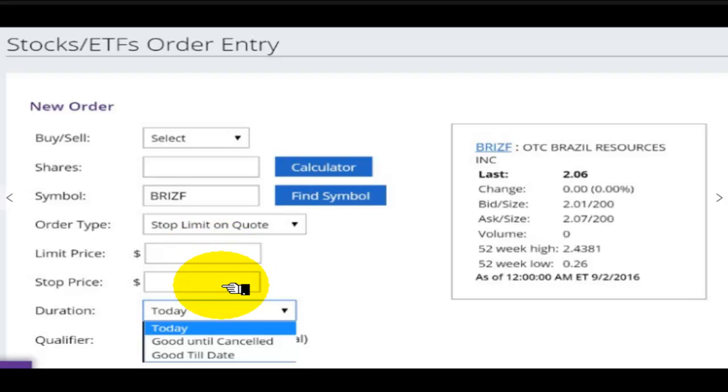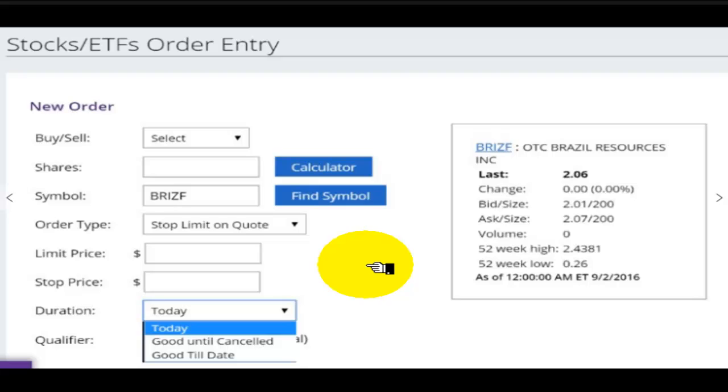Once the market hits 210, your stop order becomes a market order, but has a limit attached to it, meaning that you can fill me at my stop price, but you can't fill me worse than my limit price. So if my stop price is 210, you can fill me anywhere between 210 and 215. All right, that's how that works.